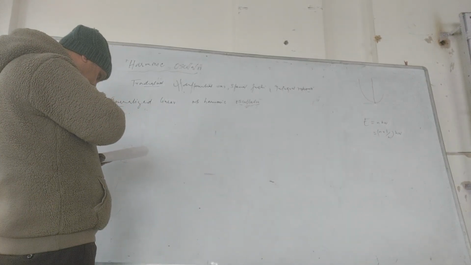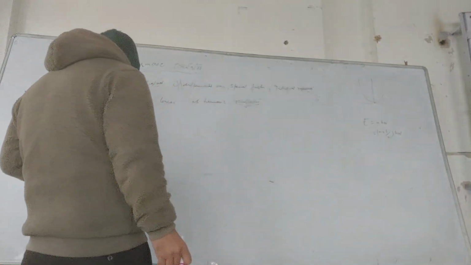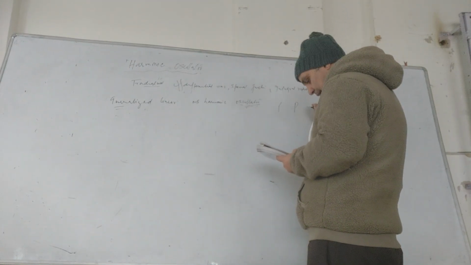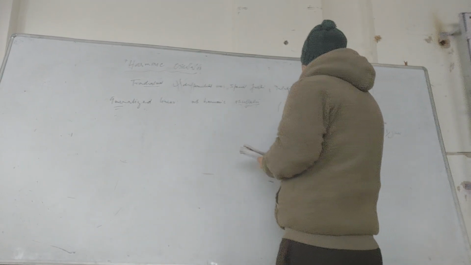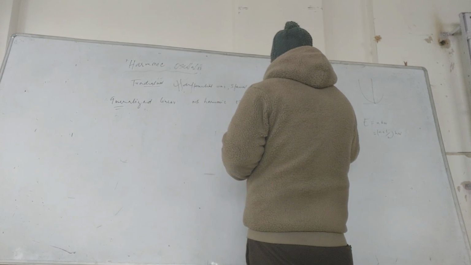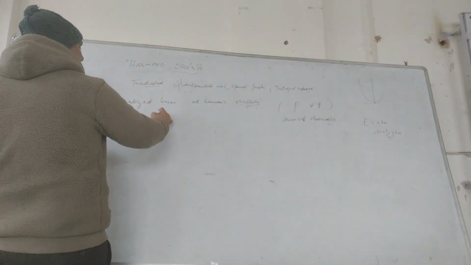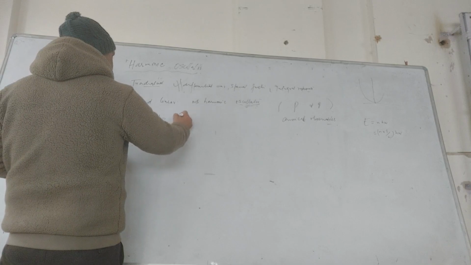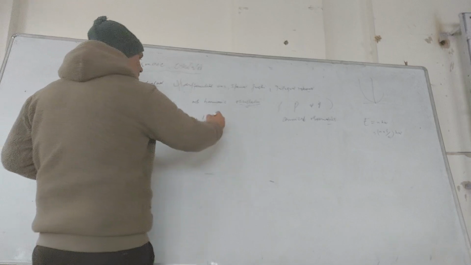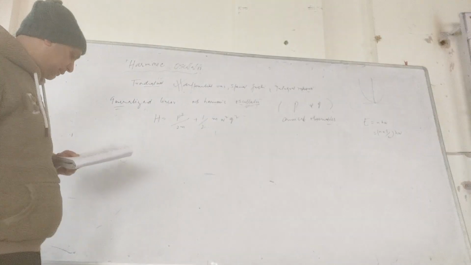So if we have a generalized linear harmonic oscillator, its Hamiltonian can be expressed in terms of the observables P and Q, the canonical observables. So the Hamiltonian will be written as P square by 2m plus 1 by 2 m omega square Q square.